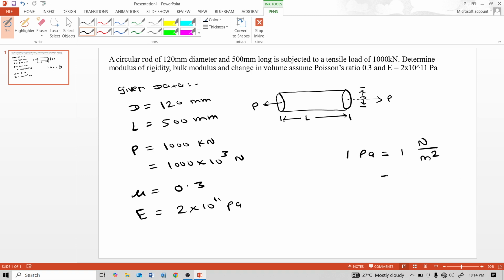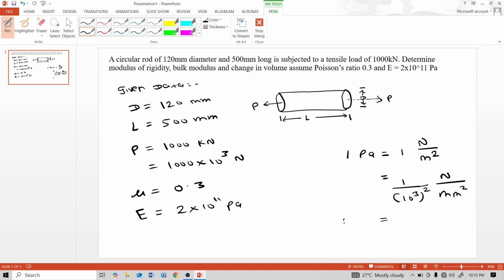So for Newton per mm square, see here 1 upon meter squared, convert it into mm. 1 meter is equal to 10 raised to 3 mm, and this is squared.